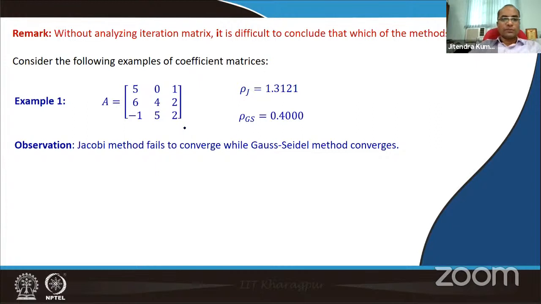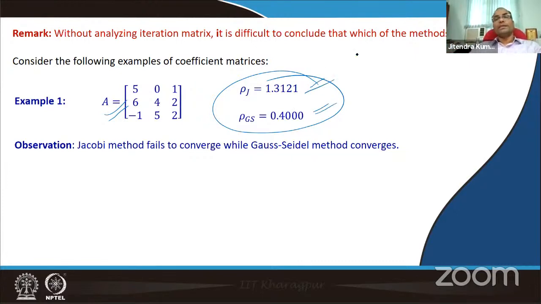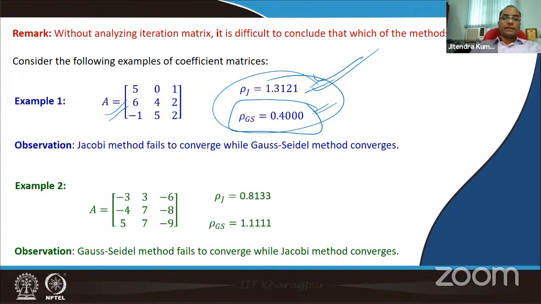For instance, for this matrix A, if you look at the spectral radius, which I have computed, it is 0.4 here and 1.3 there. So this says that Gauss-Seidel will converge, whereas Jacobi will not converge. It will diverge. It will fail. Here, Gauss-Seidel will not converge, and Jacobi will converge. So it could be the other way around also.